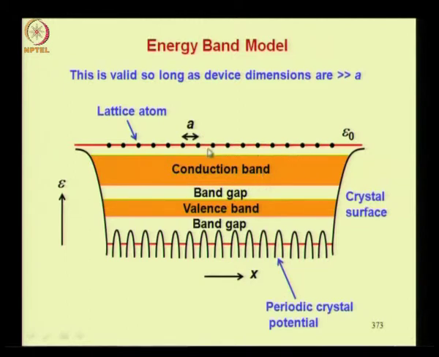If the number of atoms becomes small because the device dimensions are small compared to A, then you will no more have bands, but rather you will have discrete levels. That is what will happen, and the energy band model in that case will not hold.